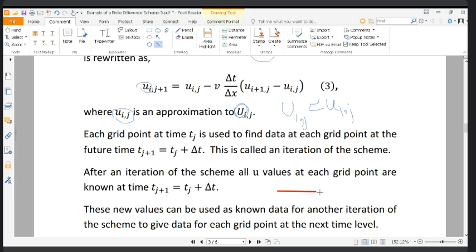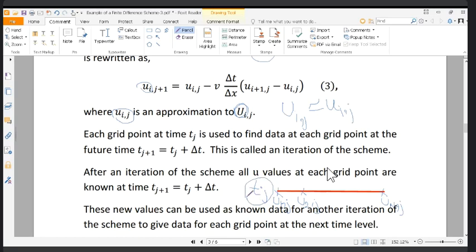When we are in the time level tj, we have the values of u at this time. We have u1,j, u2,j, and finally un,j. These are the data at tj.